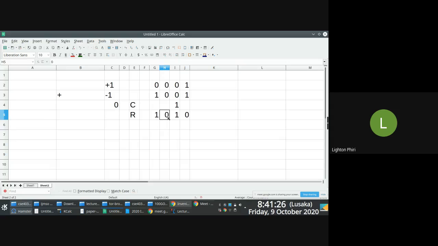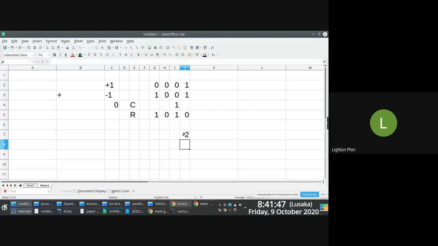What is this value here? 0, 1, 0. It's a 2. It's 2, meaning that the answer you get when you try to add +1 and -1 using sign magnitude, you get -2. It's wrong. It's not correct.